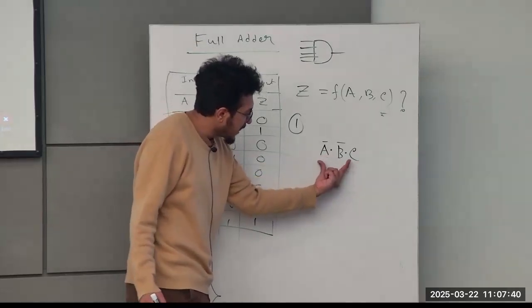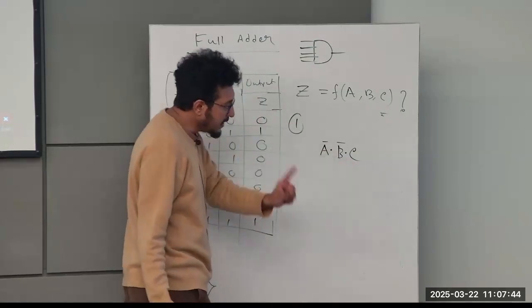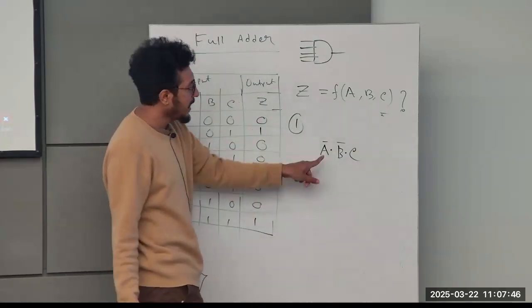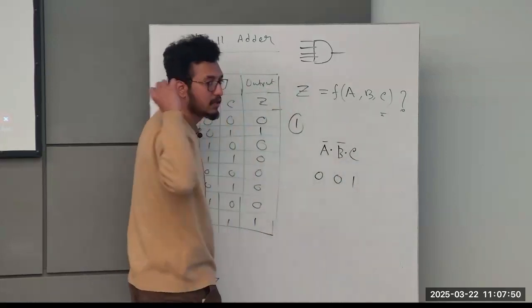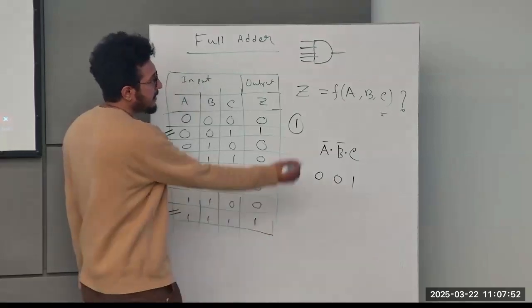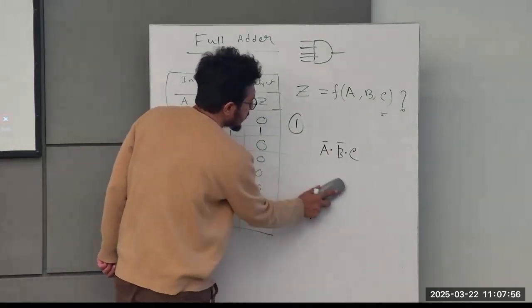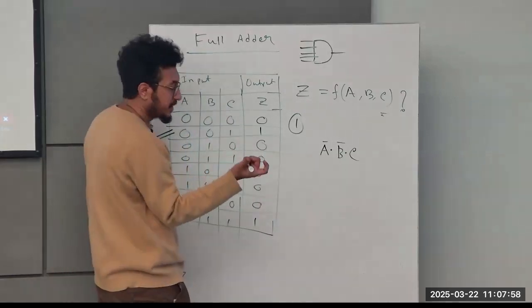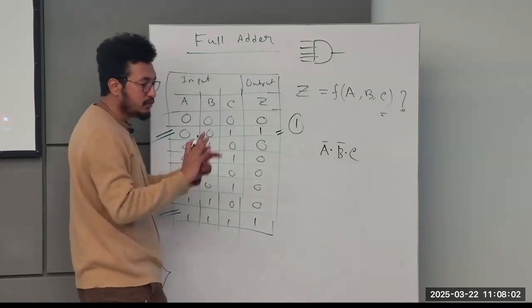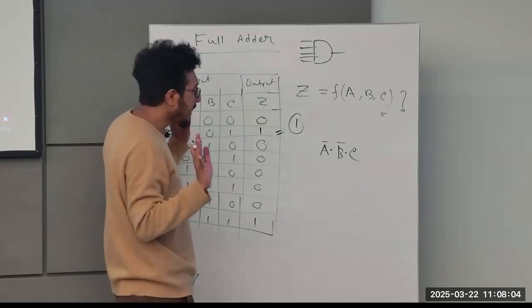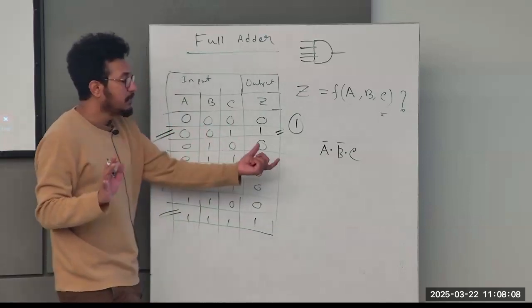This particular function, A naught and B naught and C, only gives you 1 when A is 0, B is 0, and C is 1. Like an AND function. So we have written a Boolean expression for this combination of input. That is, we are sure of. It takes care of this combination of inputs and gives a 1, right?